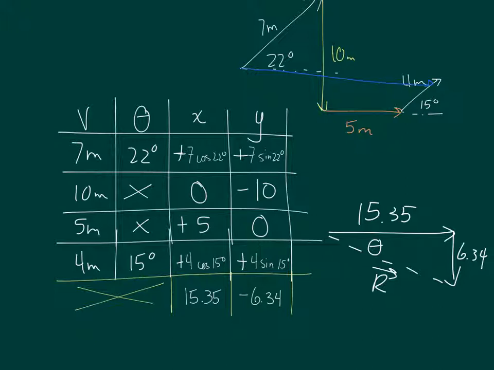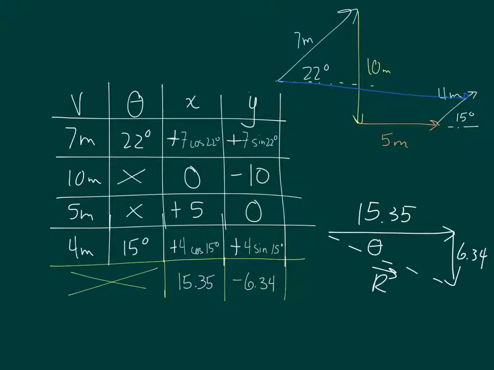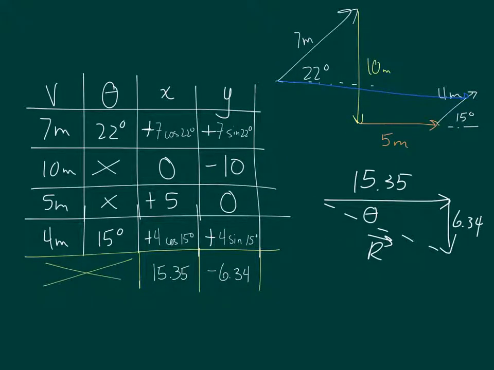Once we get our numbers, we'll write that. So the answer is going to be some number at some angle southeast. Some degree measure and some meter measurement. So figure out what R is, figure out what the angle is, and it's at some degree southeast.